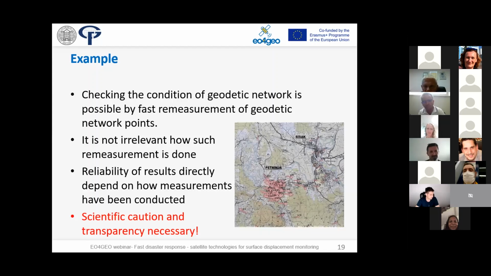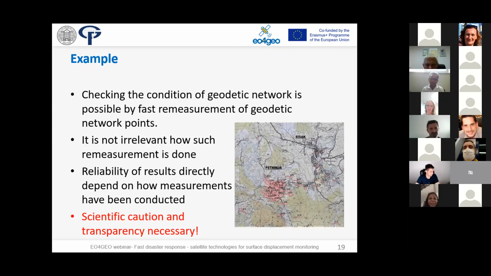It took one or two, so a few days, and the points of the geodetic network in Sisak, Petrinja, and the town of Glina, which is left outside of this picture, have been remeasured by RTK, a real-time kinematic method.